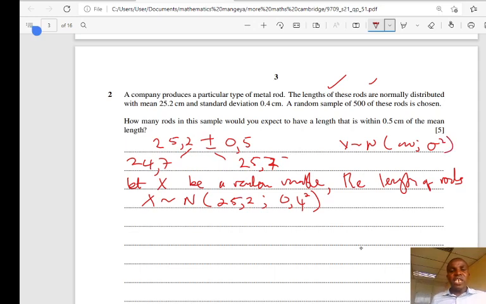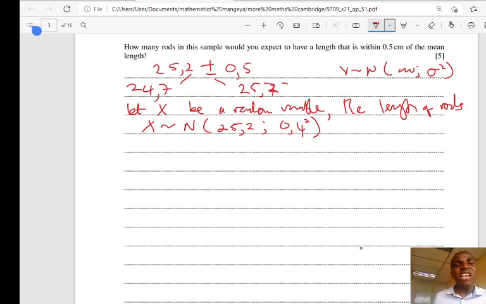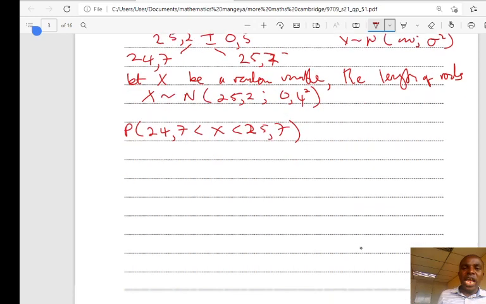Then after that, let's find the probability that the values lie within 0.5 of the mean length. It will be the probability of 24.7 less than X less than 25.7. So that's the range under which these values lie.